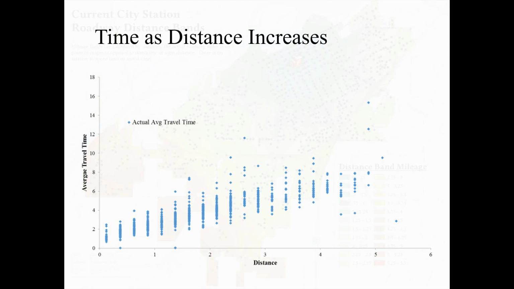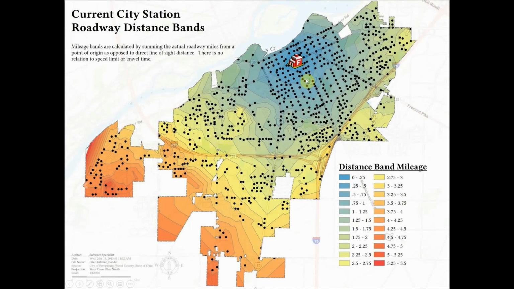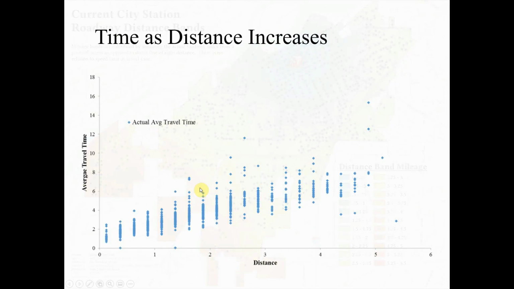And when we do that, we see that as distance increases, right, 1 mile, 2 mile, 3 mile, 4 mile, 5 mile, that corresponds to these distance bands, so does our travel time, which makes sense, right? You're further away, it takes you longer to get there.